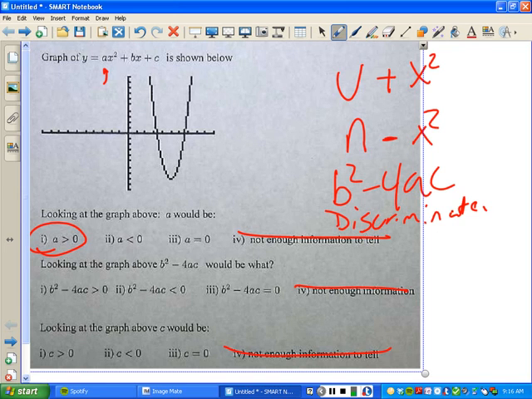It doesn't tell me where, it tells me if. It could also tell me where, in a different context. But it tells me if it crosses the x-axis. So if the discriminant is positive, it crosses twice. If it's negative, it doesn't cross at all.